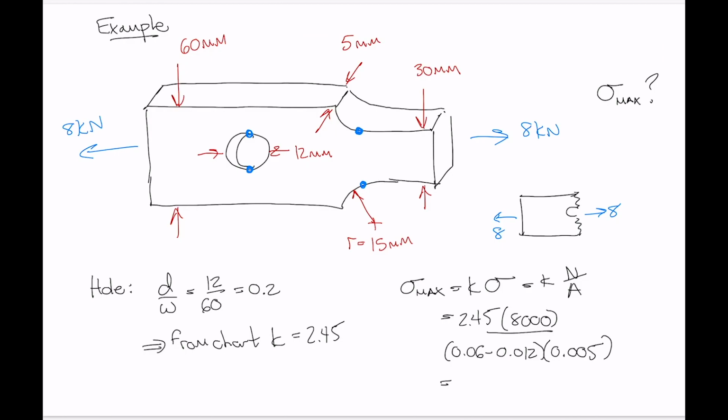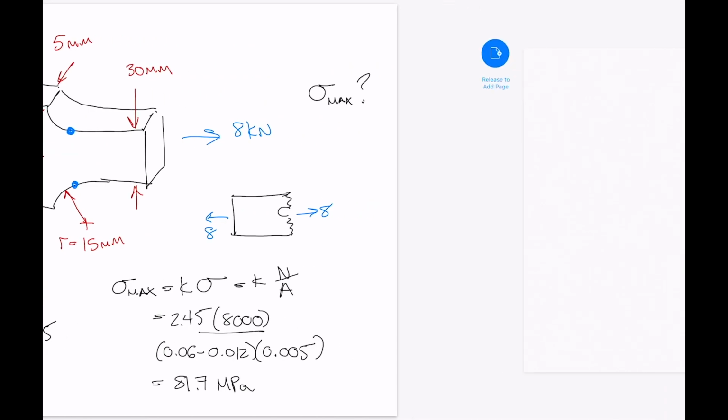Okay, and that is going to come out to give us 81.7 MPa. Now, we know that that's the maximum stress adjacent to the hole, but we don't know if that's the maximum stress in the plate yet, because we still have to do the same thing for the fillet.